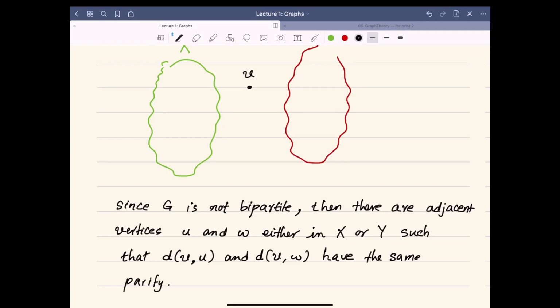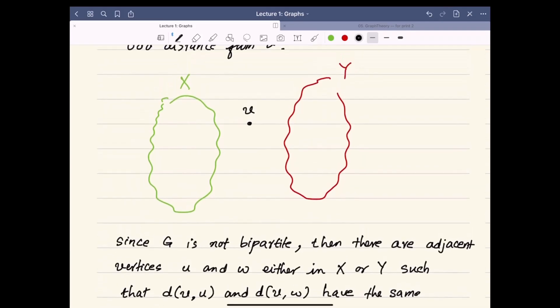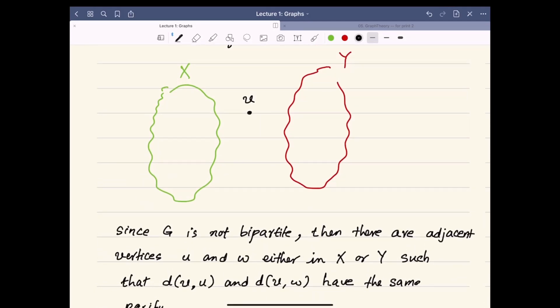Let me visualize this situation from our diagram. Here it says, since G is not bipartite, then there are two adjacent vertices U and W, either in X or Y. Because we have two partitions, so we expect that U and W either they are here or they are here. And such that the distance between V and W and V and U should be the same parity.